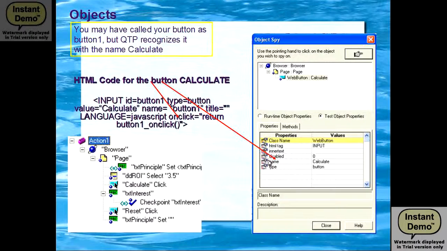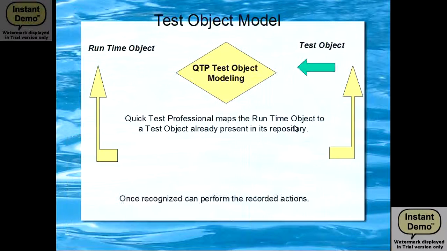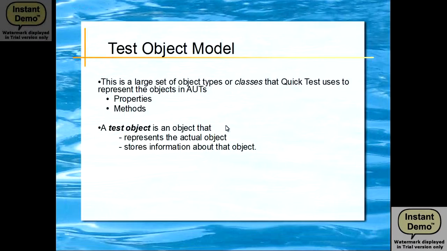So this name may be called button 1 in the coding language, whereas QTP will recognize it by the name calculate. Similarly, there'll be a method attached to it. What I mean is that QTP will capture the property and the method of the test objects, and it will represent the actual object.